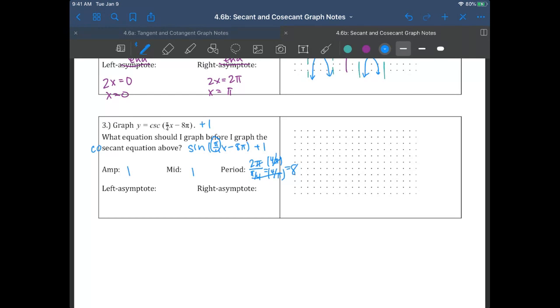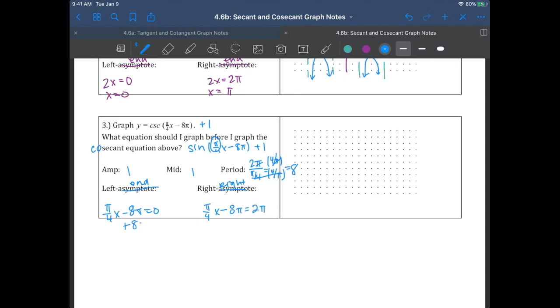Okay, so the left end point and right end point of our first cycle: pi fourths x minus 8 pi is equal to 0, and pi fourths x minus 8 pi is equal to 2 pi.